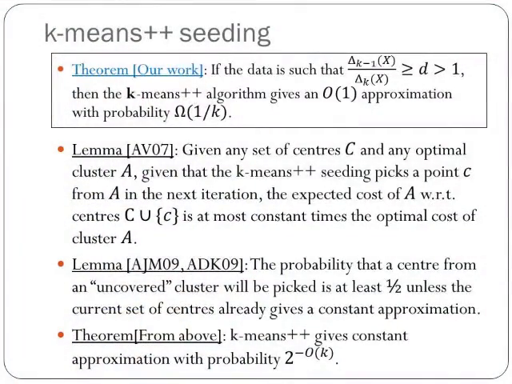As soon as you sample a point from an uncovered cluster, it gets covered. So as soon as you put these two lemmas together, you immediately get this result. The k-means plus plus algorithm gives a constant approximation with probability 2 to the power minus k, exponentially small in k.